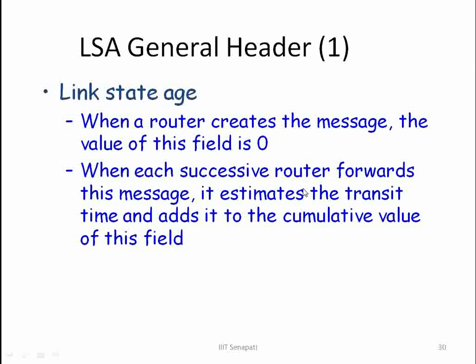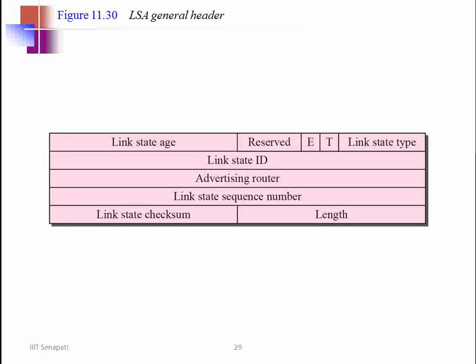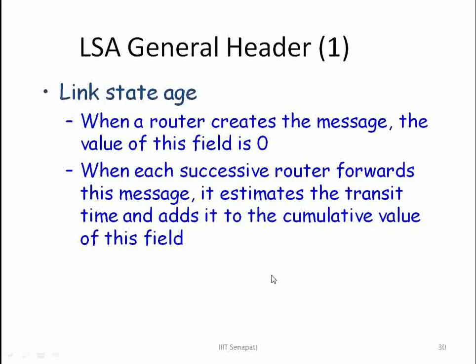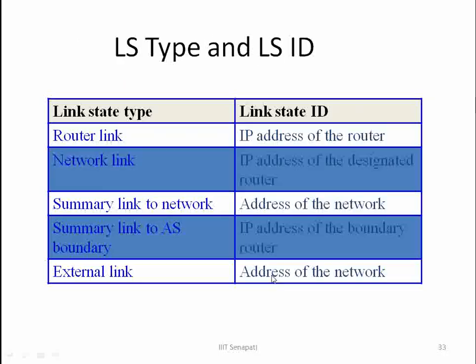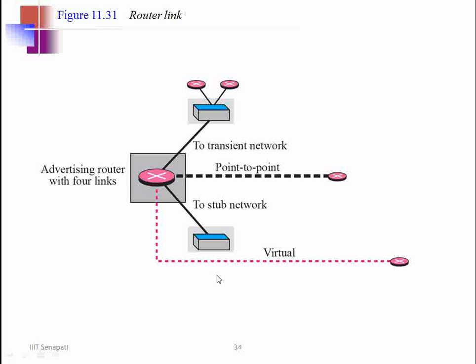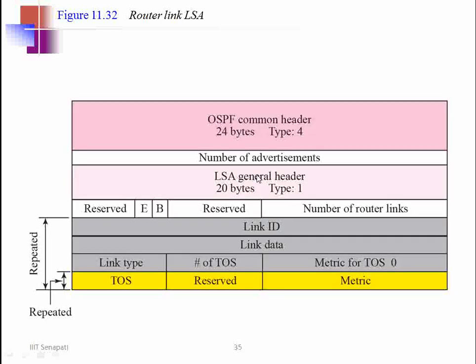General header was this packet, this format. General header we have already mentioned, all the things: link state, type and ID. Now it is a router, so router link, IP address, whatever. And now for router link, what will be the next packet format here? Reserved, EB reserved, number of router links, link ID, data, link data, and these kinds of information.